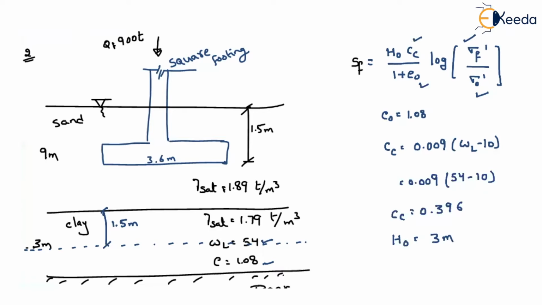So let us find out what is sigma naught dash. It is nothing but, if you remember the equation, the initial effective stress. So what is the initial effective stress? At what point you are finding? This is very important. At the center of the clay layer.